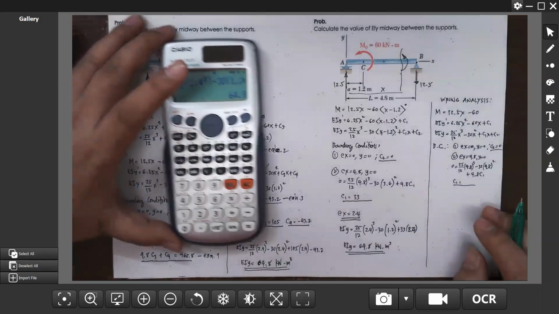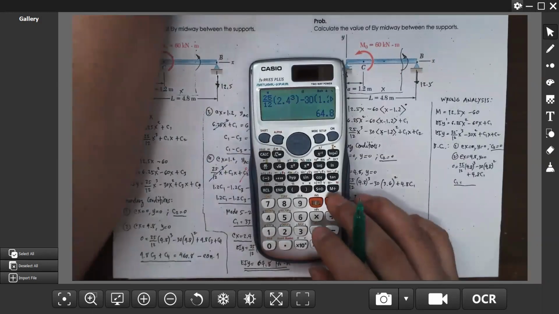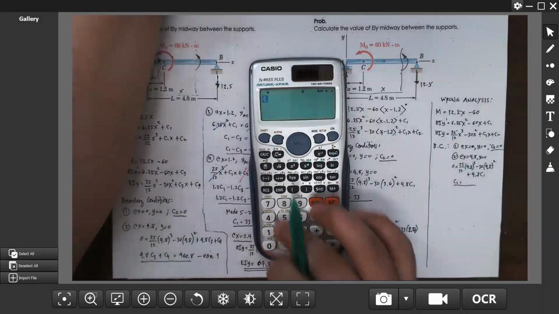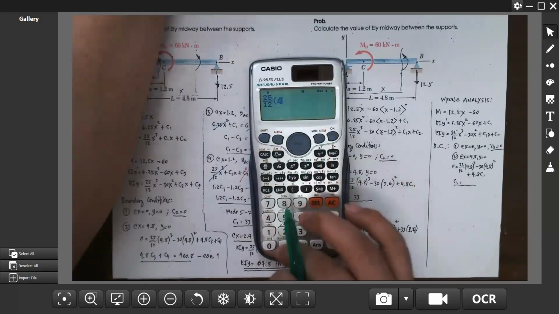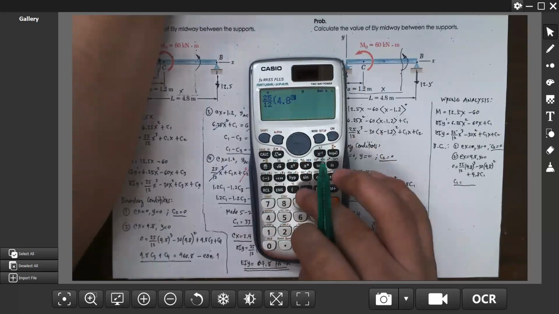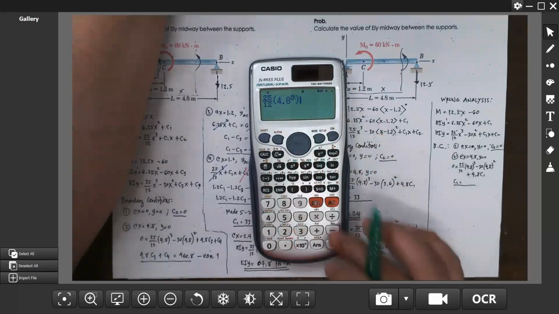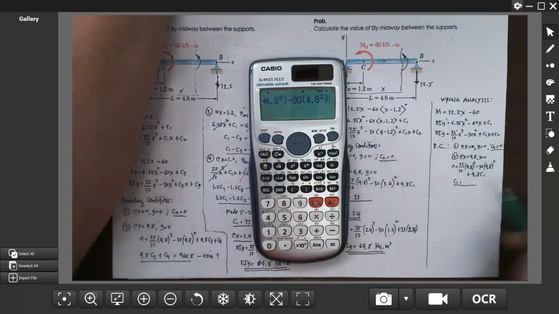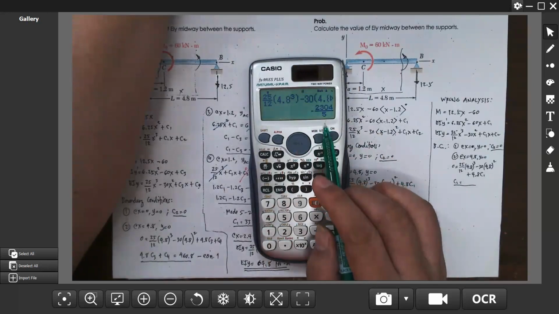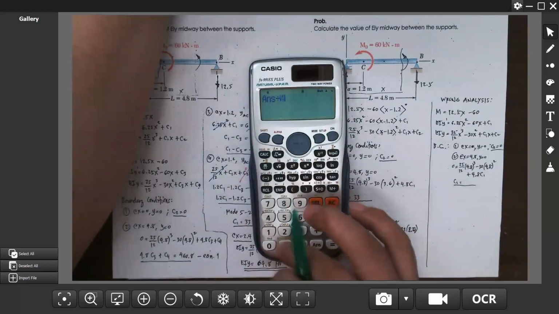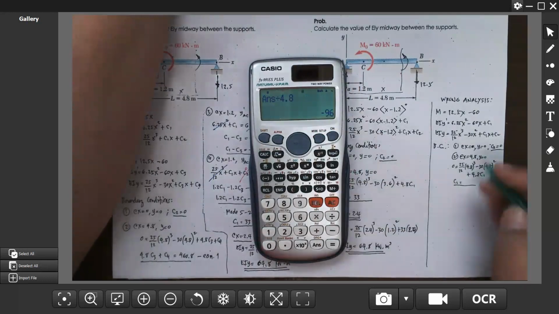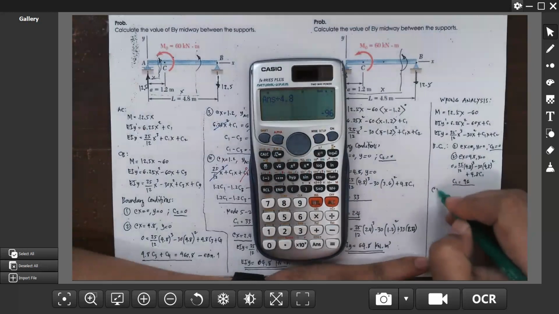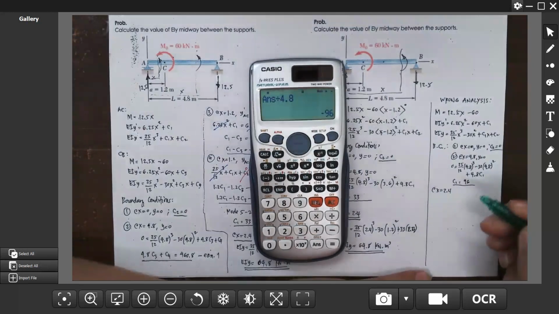We solve for C1. So C1 is 25 over 12 times 4.8 cubed minus 30 times 4.8 squared, negative, so you transpose it to positive, divided by 4.8. That is 96.